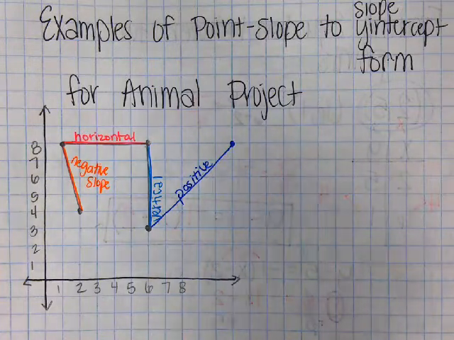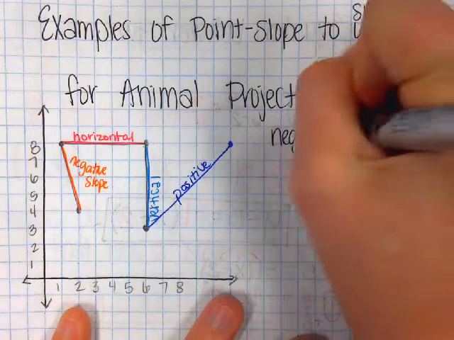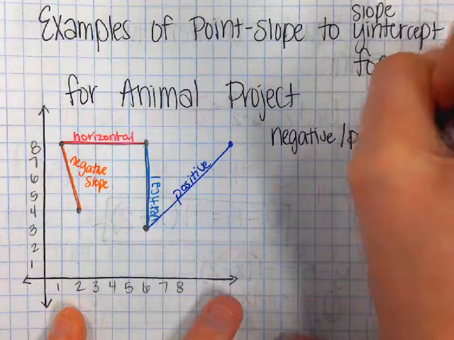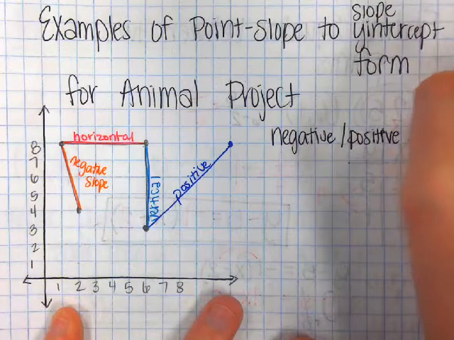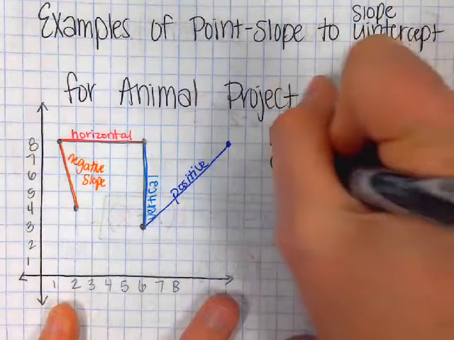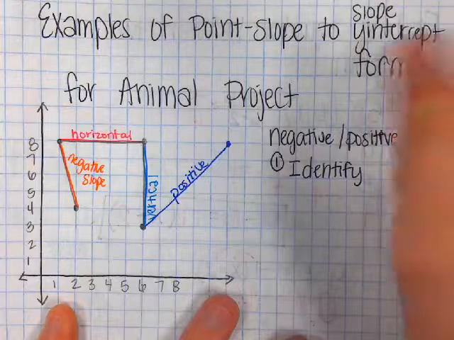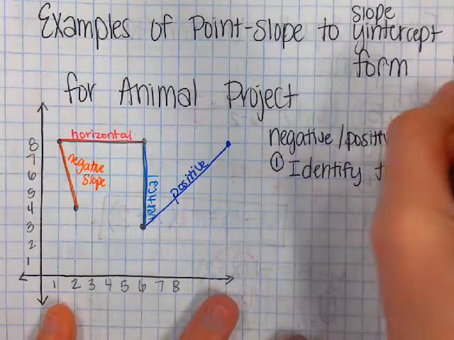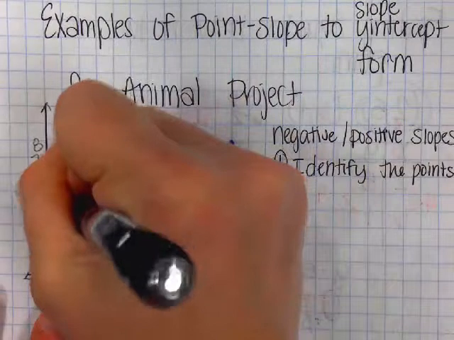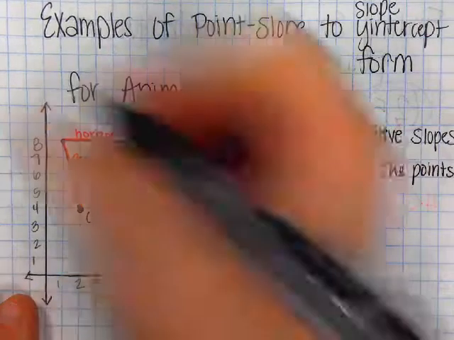So for writing equations for the negative and positive slopes, first thing you want to do is identify the points. So this point right here is at 2, 4.